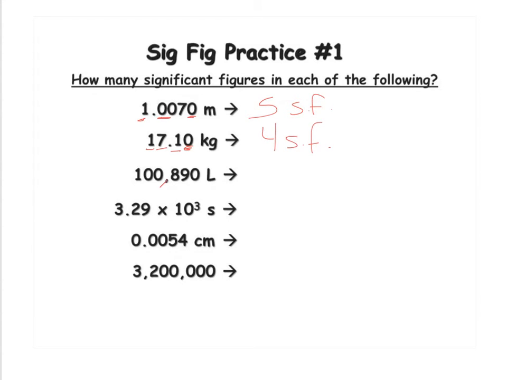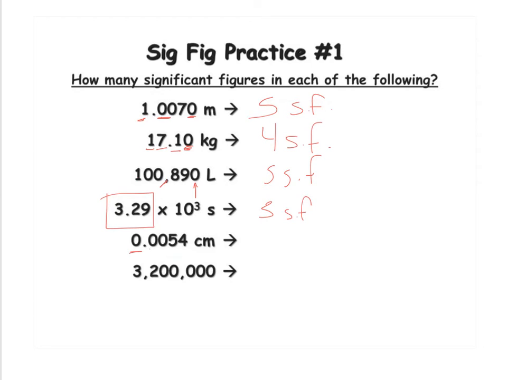This is a comma right here, not a decimal. So these zeros count because they're sandwiched, but this 0 does not count because it's not after a decimal, it's not sandwiched between anything. So this number has 1, 2, 3, 4, 5 significant figures. This one here is in scientific notation, so anything to the left of the times sign counts, so it has 3.